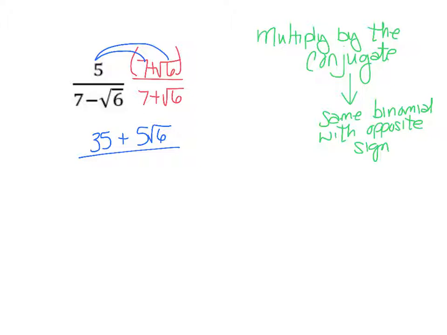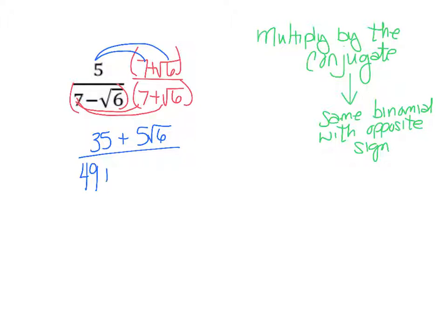Now here's where it gets fun. Look at our denominator. We've got a binomial times another binomial. We're going to have to do FOIL on that. All right, we can do that. FOIL. Multiply the first. 7 times 7. Then outer, 7 times the root 6.